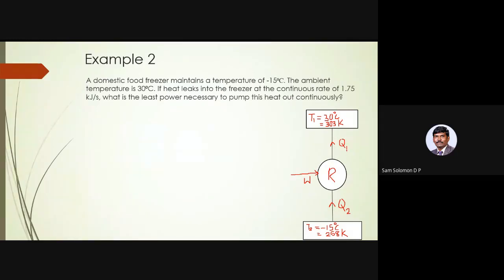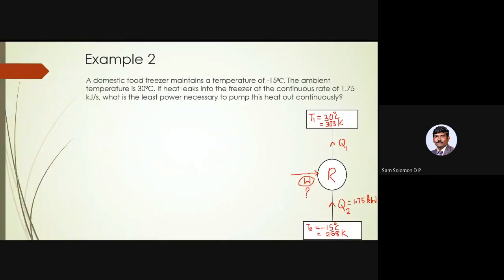Now what they have given is this Q2 is 1.75 kilojoule per second. Joule per second is nothing but watts, so we can write this as 1.75 kilowatt. What is the least power necessary to pump this heat out? They are asking us to find the value of this W.